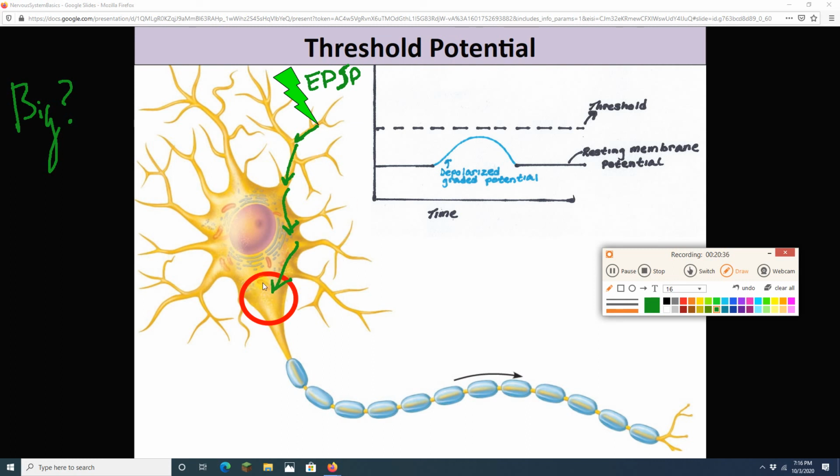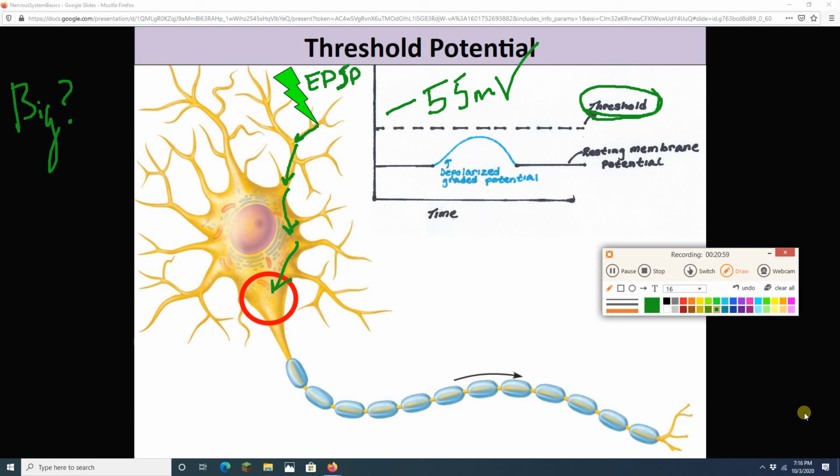If it gets to the axon hillock and it achieves this value called threshold, a value of negative 55 millivolts, then the action potential will send its own electrical signal.